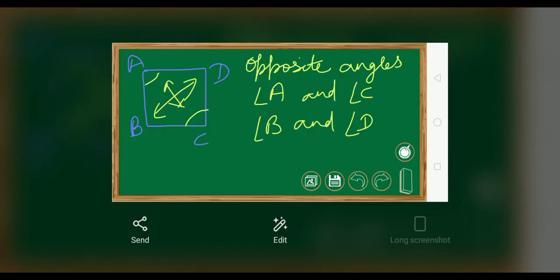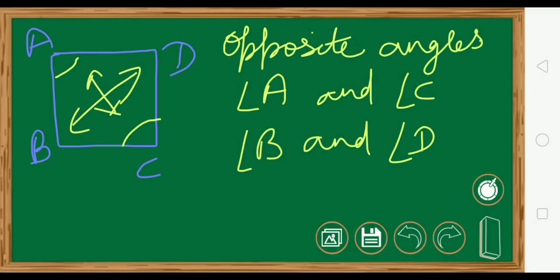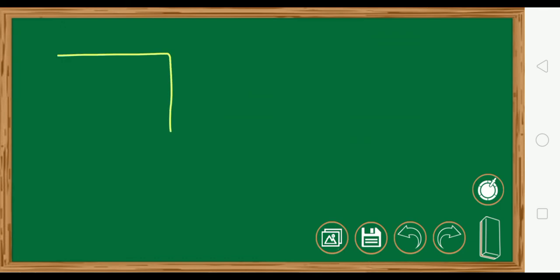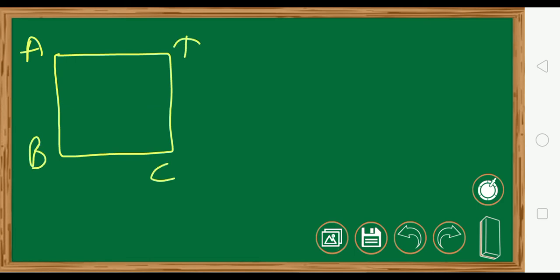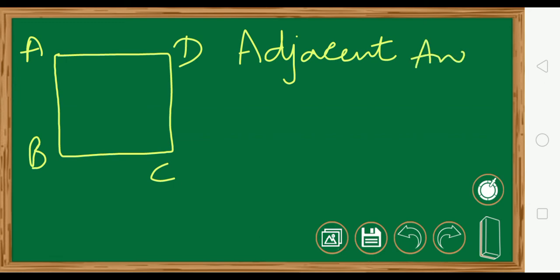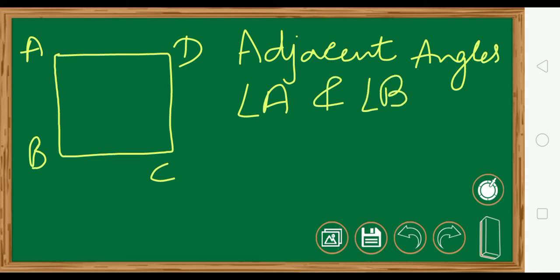And last we will see adjacent angles. A, B, C and D. Now adjacent angles. So angle A and angle B, they are adjacent. Then angle B and angle C are adjacent.